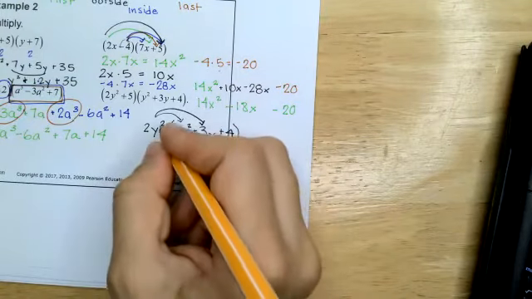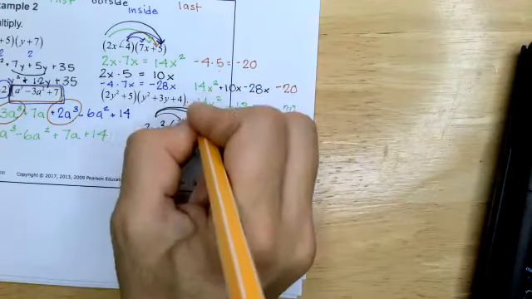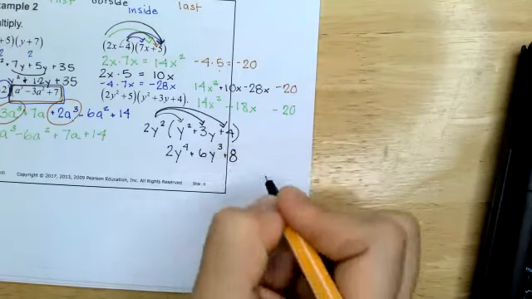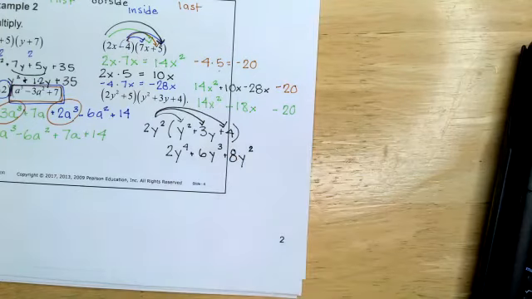And then count up your y's. You have 2 here and 1 here, so that's 3. And then 2y squared times 4 is 8. Y squared. Good.